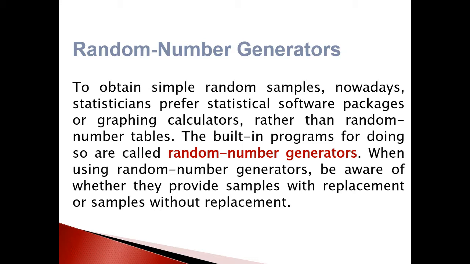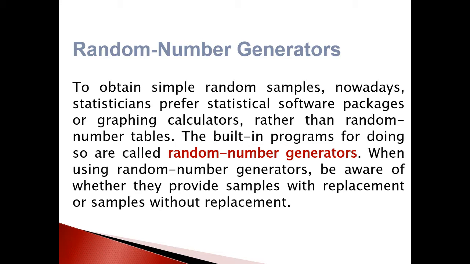To obtain simple random samples, nowadays statisticians prefer a different technique. They prefer statistical software or graphing calculators rather than number tables, because using random number tables takes a lot of time.